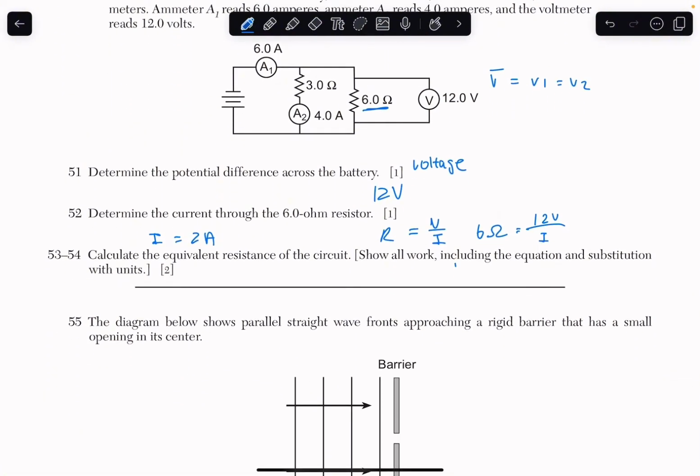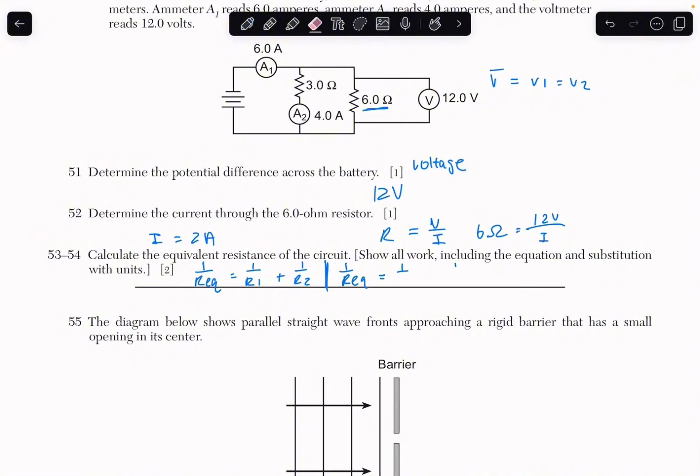53 through 54. Calculate the equivalent resistance of the circuit. To calculate the total or equivalent resistance, we're just going to use the parallel resistance formula, which is 1 over equivalent resistance equals 1 over resistance 1 plus 1 over resistance 2. So let's plug that in.